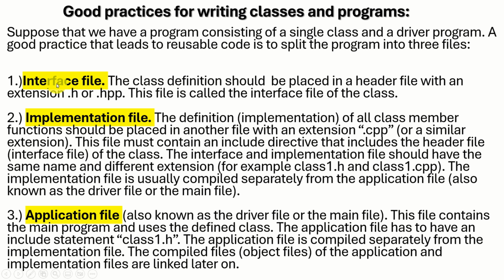The interface and the implementation file should have the same name and different extensions. For example, class1.h will be the header file or the interface file, and class1.cpp will be the implementation file. What is common over here is the class name. The class name is class1.